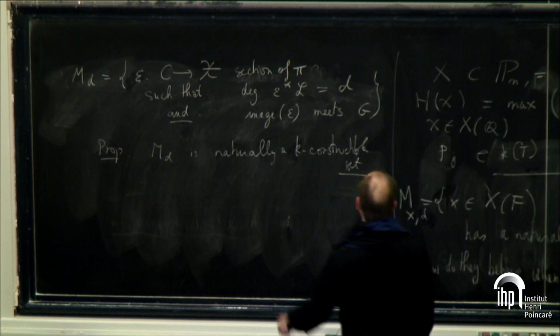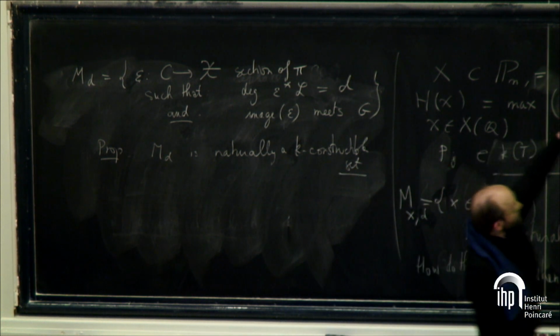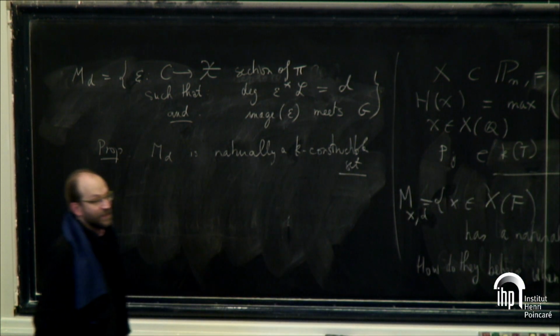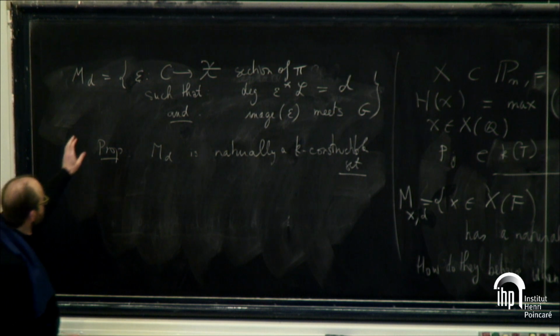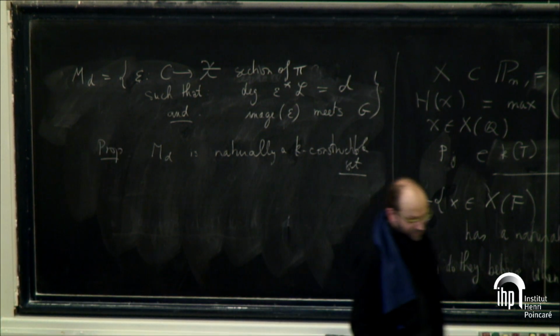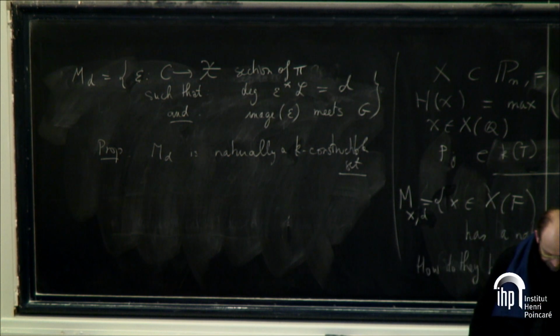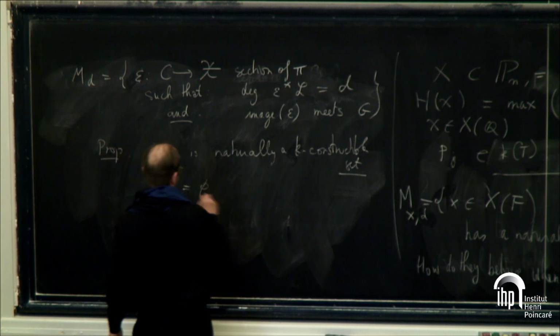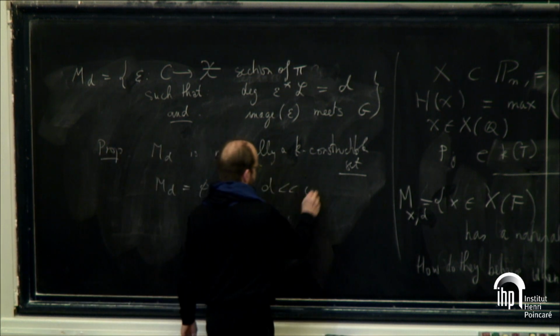So for the counting problem, because the line bundle L is not necessarily ample, one needs to remove some points at infinity. And the bigness condition assures that this M_d is something constructible. And also M_d is empty for d negative enough.